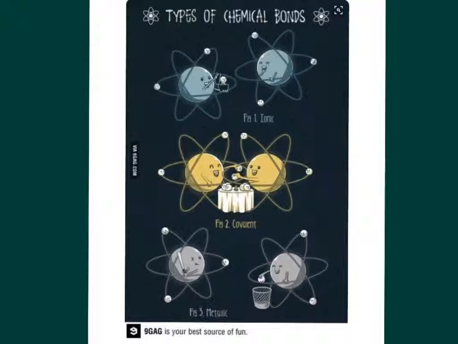But let's talk about what we were talking about last week with our foldable, with our types of chemical bonds. In this first example up here, this is an ionic bond. If you can see what's going on, this atom A over here is holding out its electron saying, here, don't you want this?